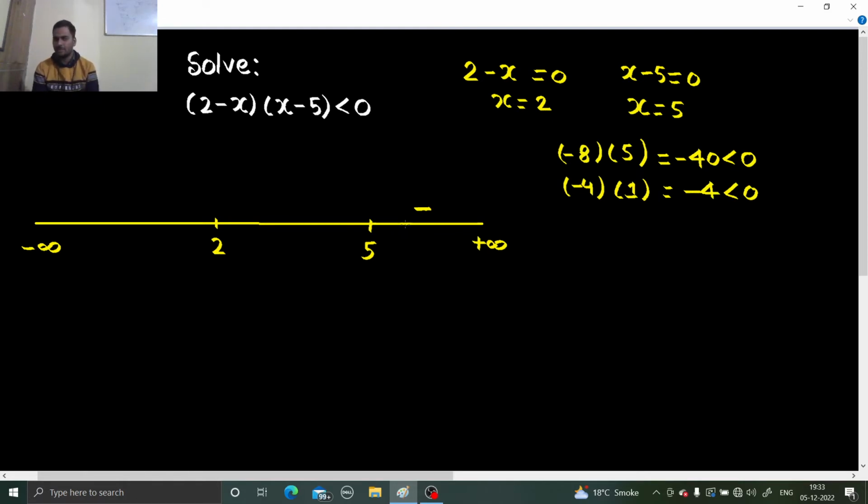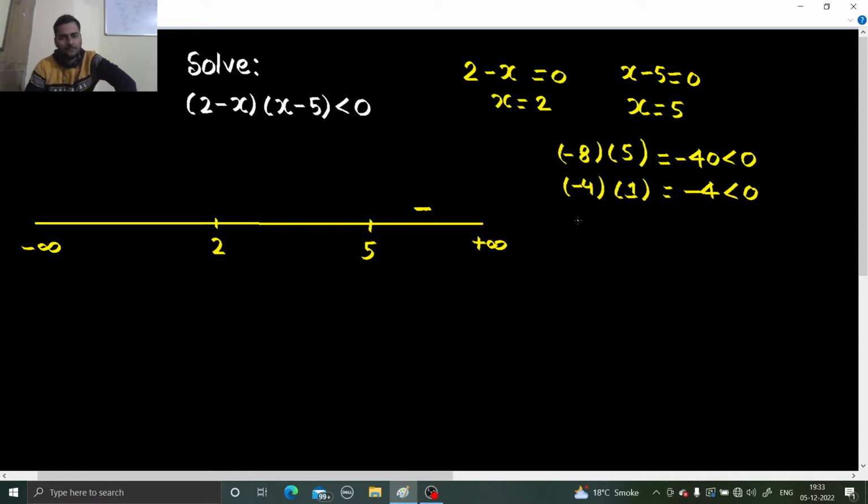That means the value of that expression for any value in 5 to infinity is going to be negative. Now come to this region, and not only integers, we can take any real number in this region. You may take 5.1, 5.2 and so on. Now 2 to 5. I am taking simple numbers so that the calculation is easy. In 2 to 5, I am taking 4.